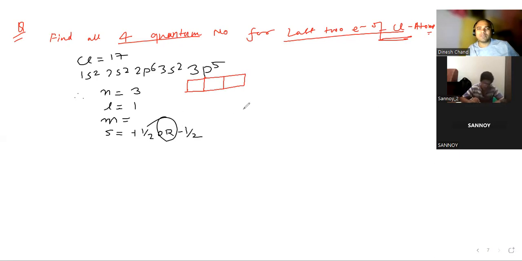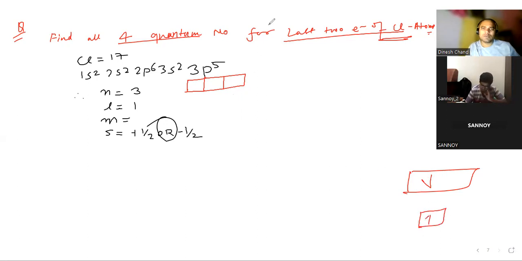If the electron is mentioned there, which one will it be? Suppose you are mentioning the first electron. Are you going to mention downside or upside? Upside. So here there is a rule.